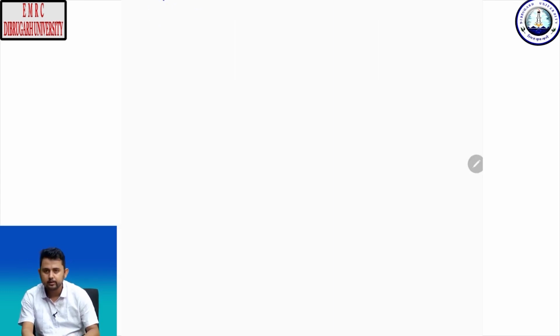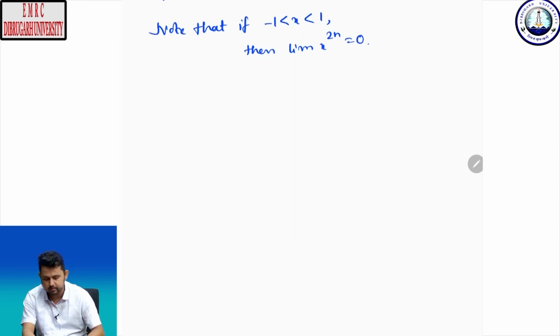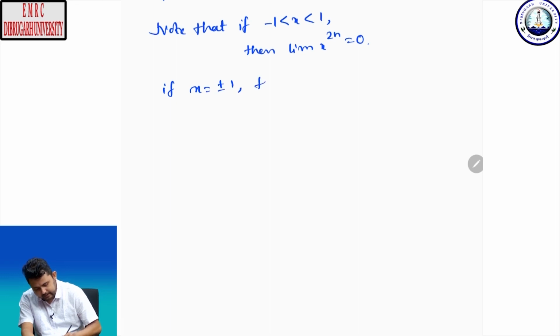First, note that if x lies between -1 and 1, then limit x^(2n) equals 0. If x equals plus or minus 1, then clearly limit x^(2n) equals 1.